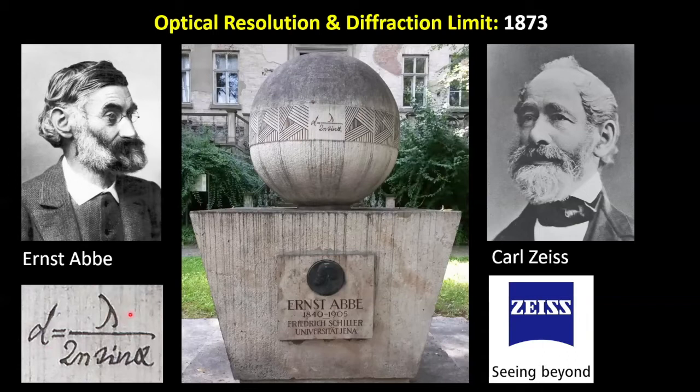The lambda is for the wavelength, and the N is for the refractive index. And sin alpha, the alpha is half the angle of the focused light cone. Usually people think this picture is Carl Zeiss, but actually this is Abbe's picture, and this is Carl Zeiss. Together with another person, Otto Schott, who worked on glass, they established a very successful optical instrument company, Zeiss, which continues until today.